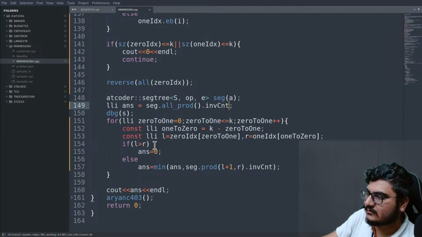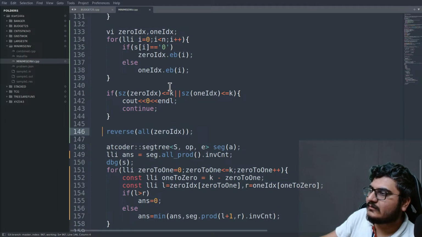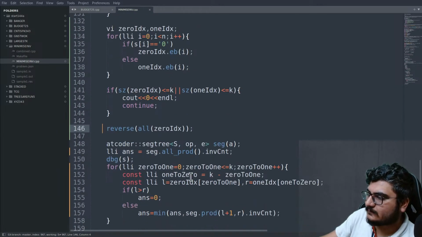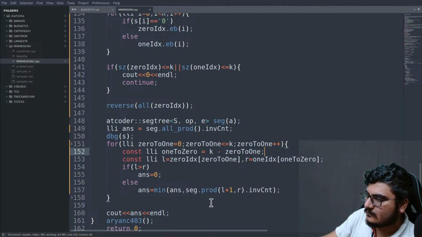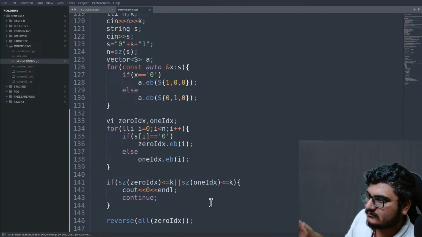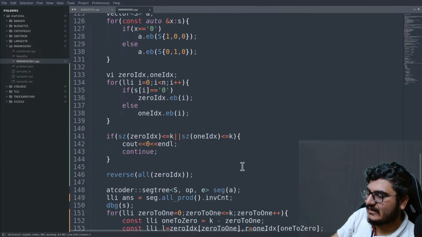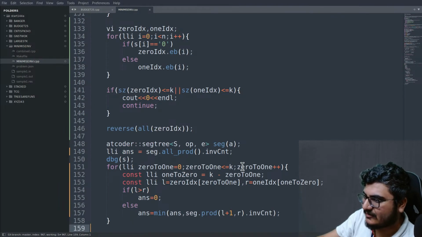One second. If I'm changing from 0 to 1, I have already removed. This is the main solution, but probably I have some bug somewhere, or I don't know.